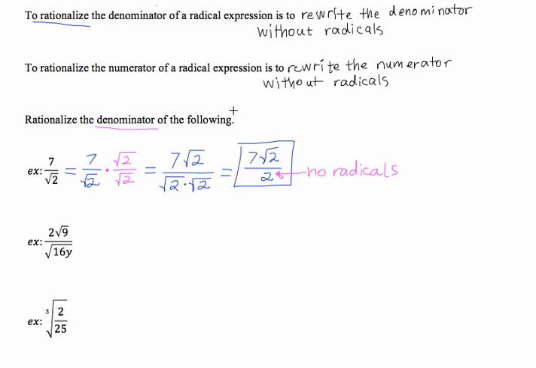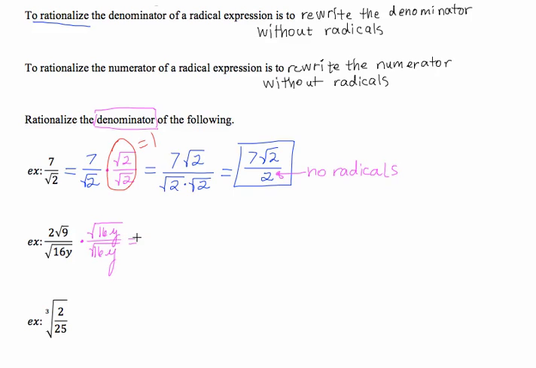On this next one, the fancy form of 1, which is equal to 1 so we didn't change anything, that we multiply by, if we're trying to rationalize the denominator, is that denominator over itself. So we multiply by the square root of 16y over the square root of 16y.